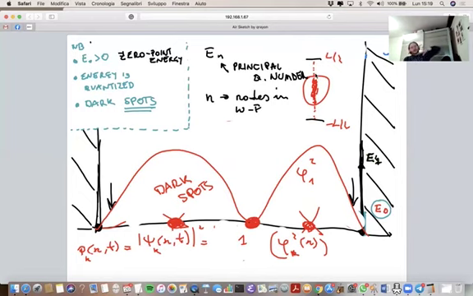If I have a particle with the lowest possible energy, the only regions where I'm not going to find a particle are the borders of the box. If I have the next to lowest allowed energy, there will be a dark spot in the middle. And if I go to the next, I will get more dark spots distributed along my x-axis.